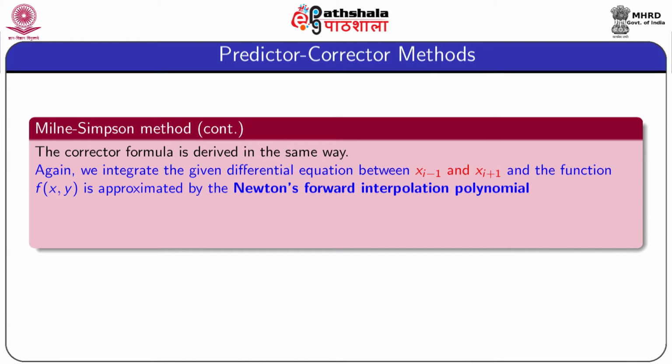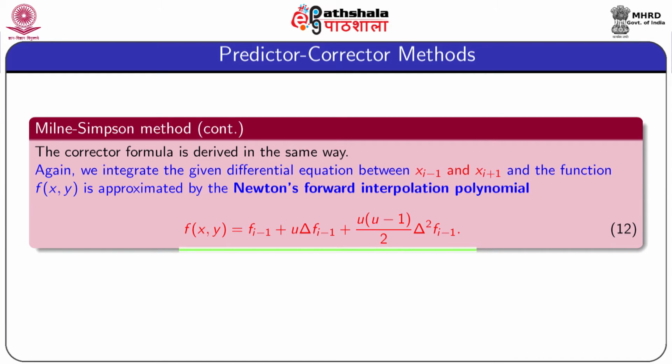And the function f(x,y) is approximated by Newton's forward interpolation polynomial, that is f(x,y) = f_{i-1} + u Δf_{i-1} + u(u-1)/2 Δ²f_{i-1}.